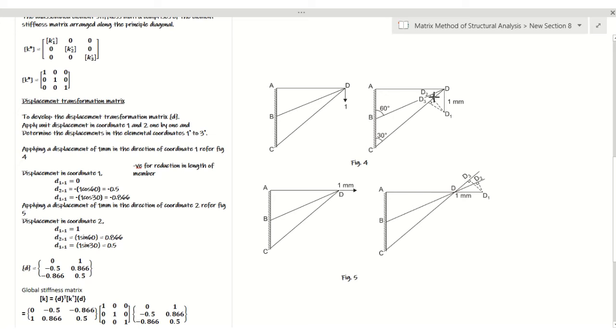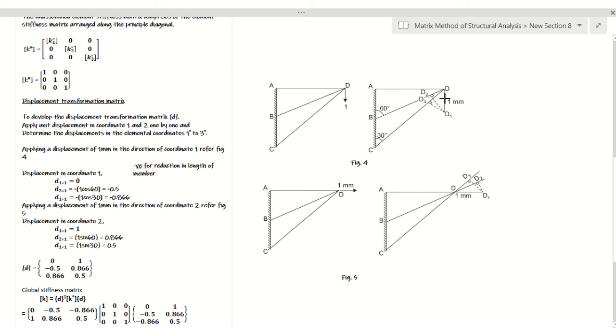Now for the second one, just take this triangle, drop a perpendicular from this point onto the member. So in this component, this DD2 represents the displacement along the member BD, which is required for us. This is actually the displacement taking place along the elemental coordinate when 1 unit displacement is given in the global coordinate. So if I find out this DD2, that will be my D2 star 1.